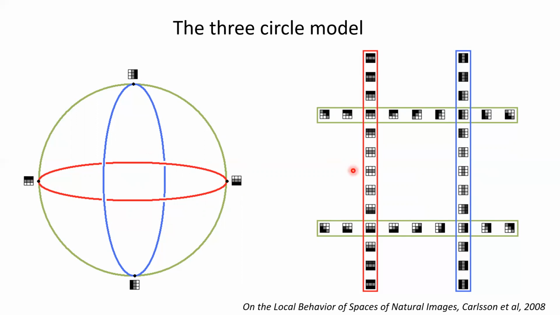The red circle essentially has patches which all look horizontal, right? They provide this transition from linear gradients, something that goes from dark to medium dark to light, to these quadratic types of gradients, and again back to linear, and then back to quadratic.